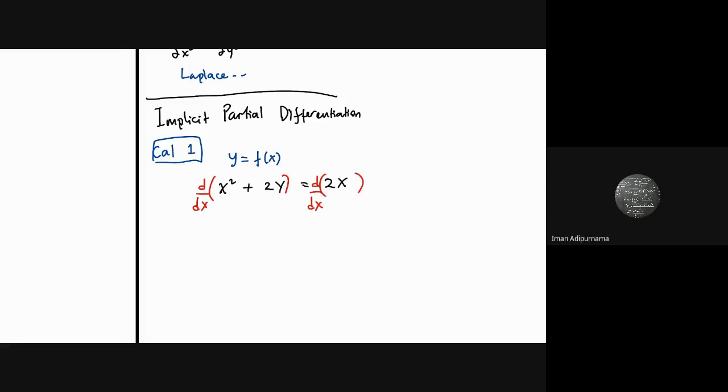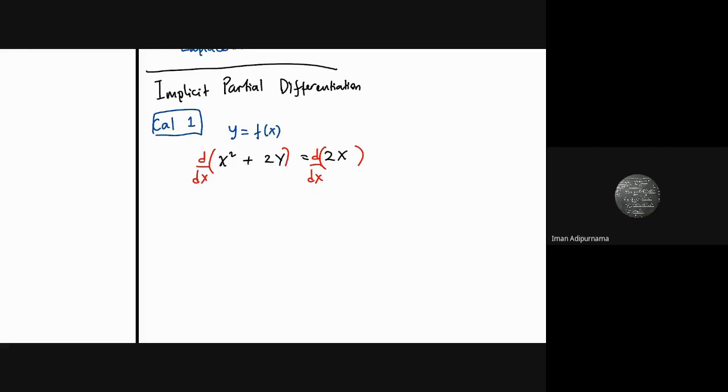What will happen? We just differentiate normally, like regular derivatives. x squared becomes 2x, but y becomes dy over dx, and this is equal to... And if you want to find dy/dx, you can find it, right? Okay.